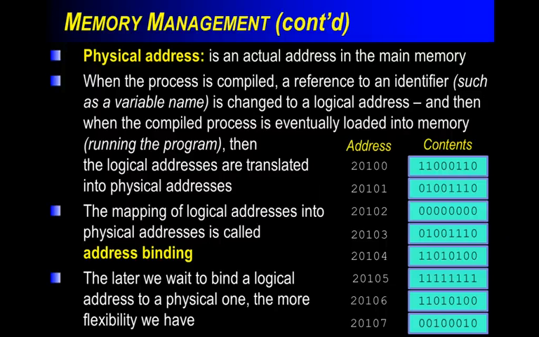So in your code, you might have a variable. So when it compiles your code, it turns that variable name into a piece of memory. And that's the way, when I first taught you guys variables, I would draw a little box. So the box is the actual address. So it's turning your code into actual memory addresses, okay? Eventually, this will then get loaded into physical memory, okay, where the logical address is translated into a physical address. Again, I don't think the IB curriculum goes into that level of detail, but I just kind of wanted to lay that out for you.